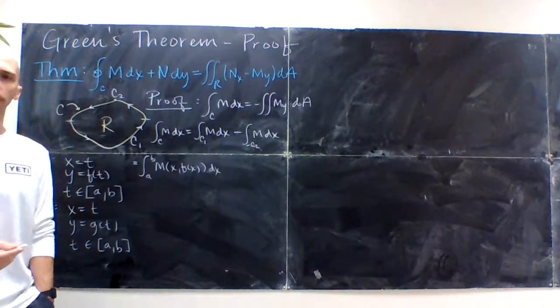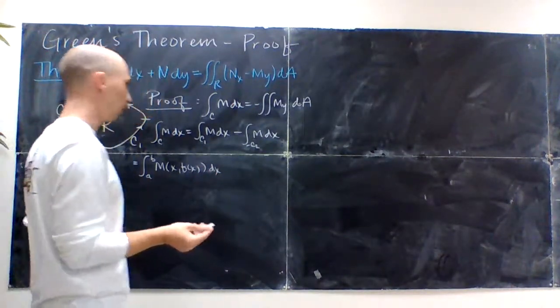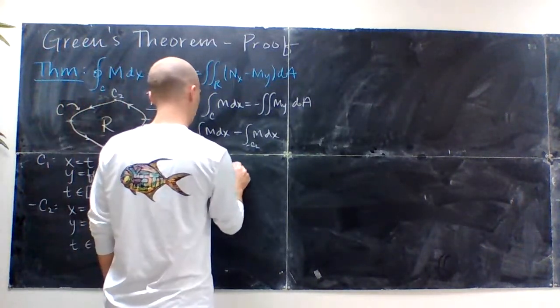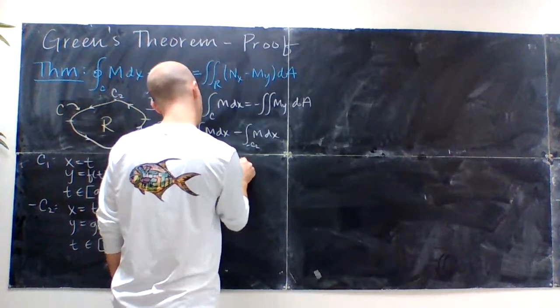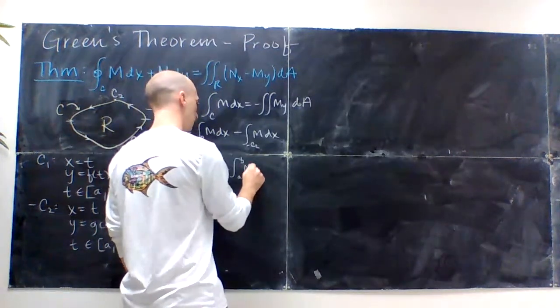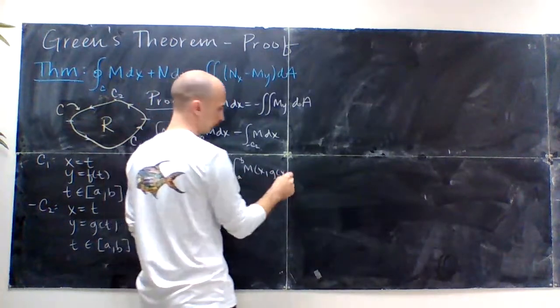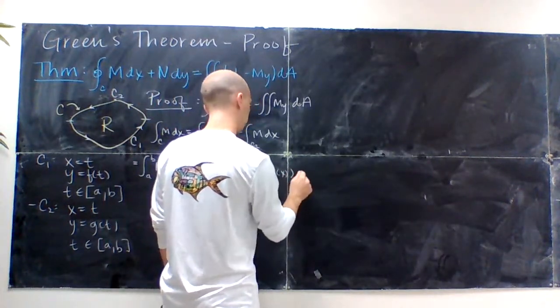If this is troublesome to you, just remember x is equal to t. And when I do the other one, y is going to be equal to t, so it's going to be fine. So minus the integral also from a to b of m of x and g of x along c2 dx.